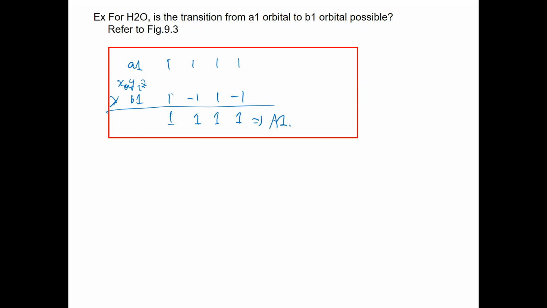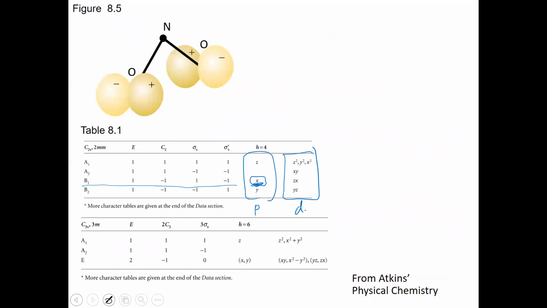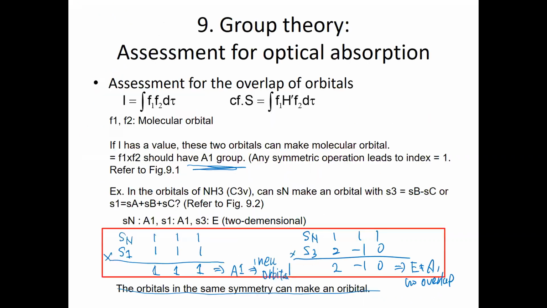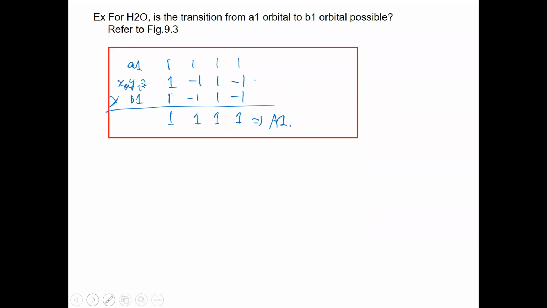To make this happen, we need 1, minus 1, 1, minus 1, obviously. So this must be B1, right? B1 corresponds to X-polarized light. So in this case, this must be X-polarized light.